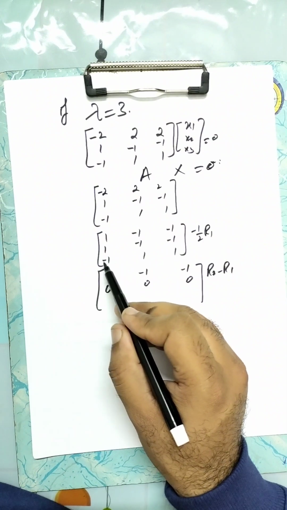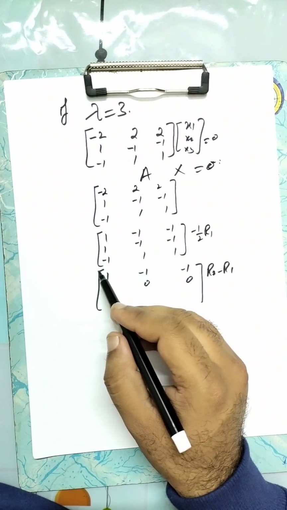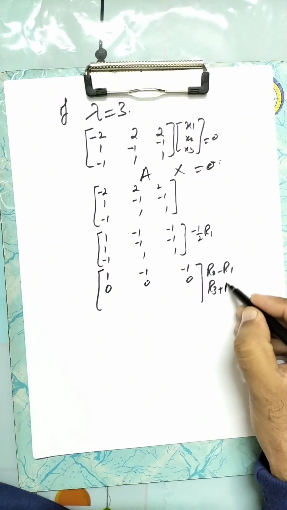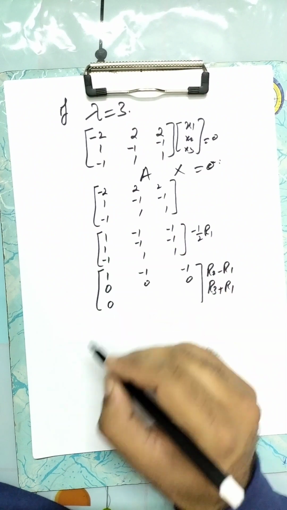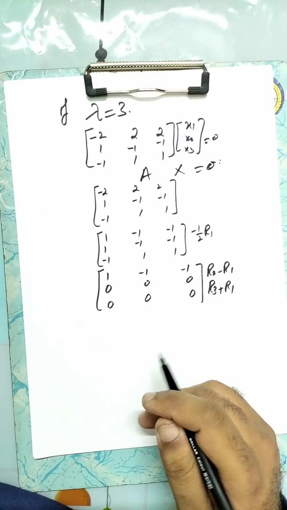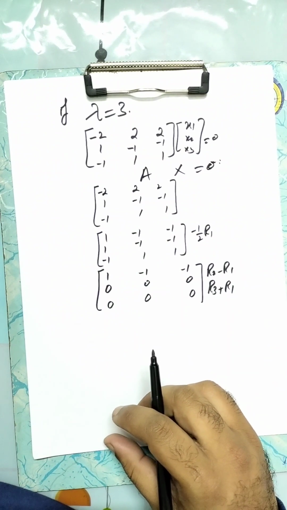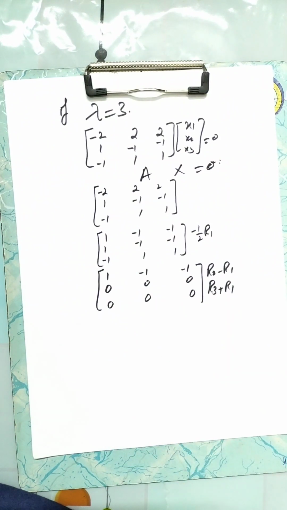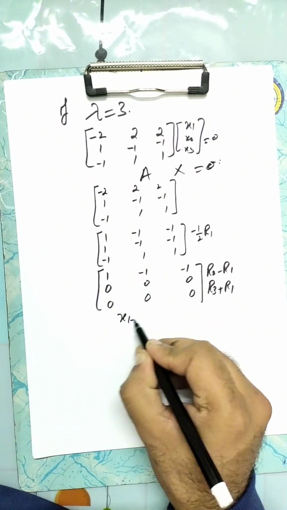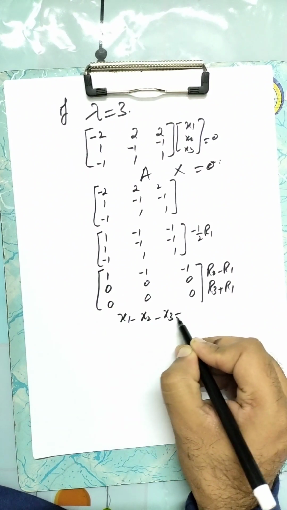And we again make 0 here, so the operator is R3 plus R1, so minus 1 plus 1 is 0, and minus 1 plus 1 is 0, and minus 1 plus 1 is 0. So here both rows are equal to 0, so x1 minus x2 minus x3 is equal to 0.